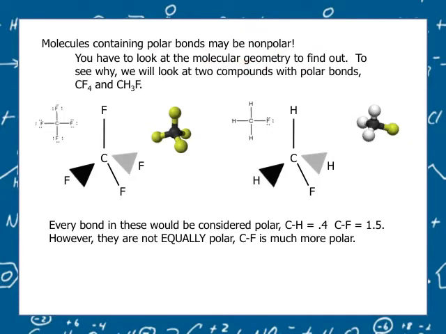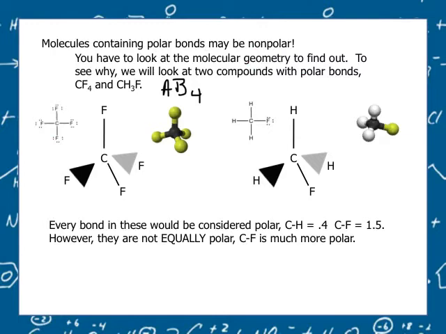So we're going to look at two compounds where every bond is polar, and that's CF4 and CH3F. So carbon tetrafluoride and what is known as fluoromethane. For each of these are the Lewis dot structures that you should have drawn, and they both result in geometries that you would call AB4, because we have a central atom and 4 outside atoms.